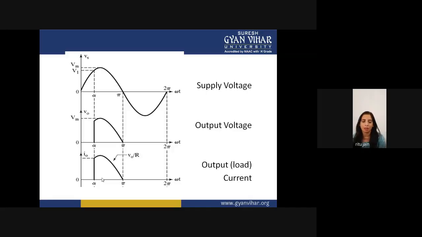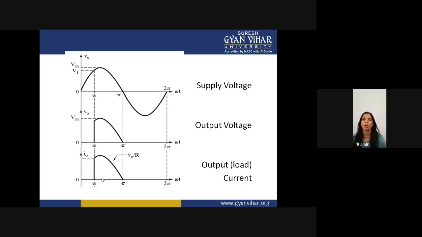This is the ideal condition. Actually, for some time it conducts, or it takes time to turn off. But at present, many power electronic devices are available with very fast switching, so you can easily control your output voltage by fast switching of these devices.